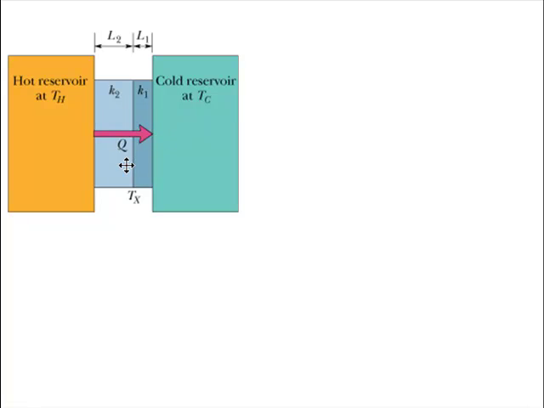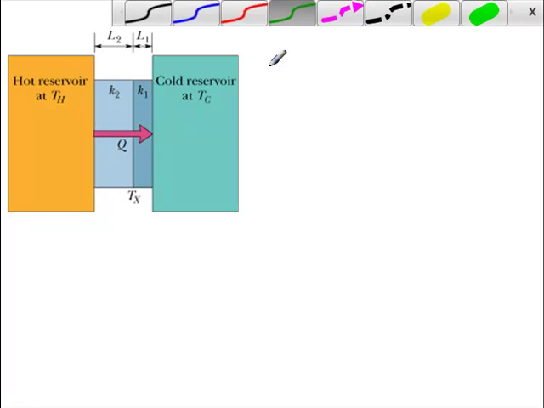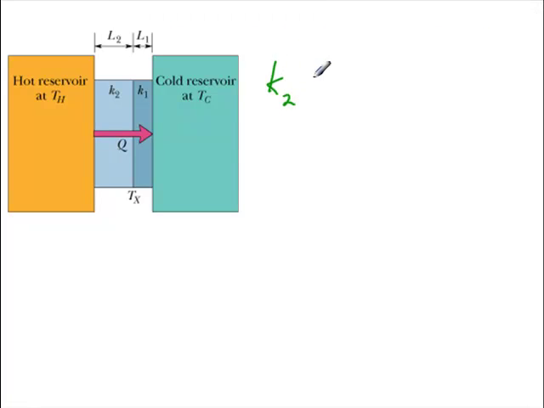So we want the power at the steady state. Well, that means whatever the temperature is there in the middle, the power through the first part is K2 times the area over the length times T hot minus Tx.